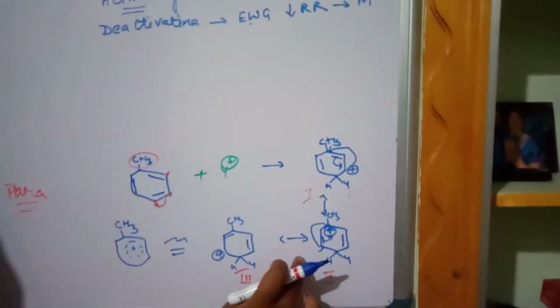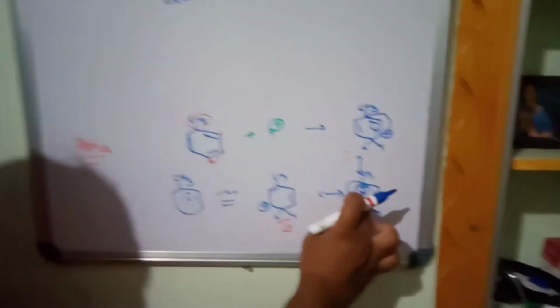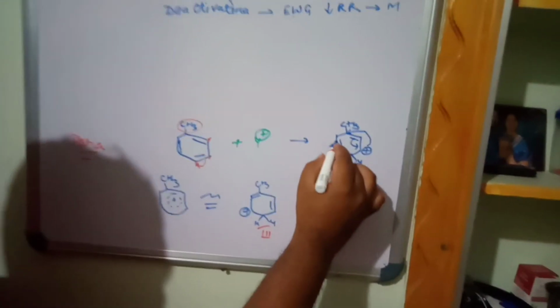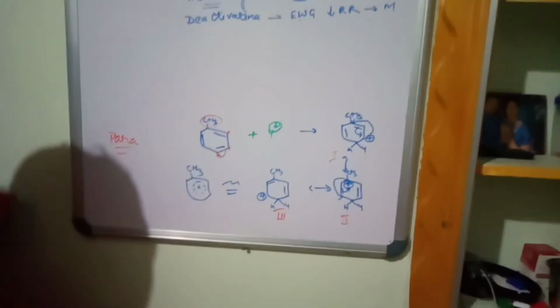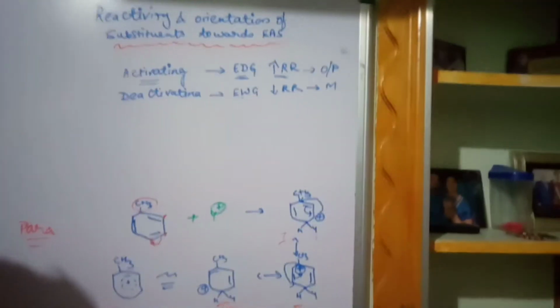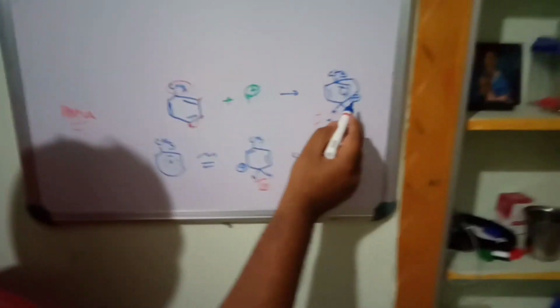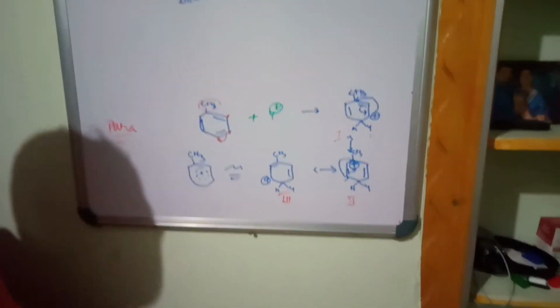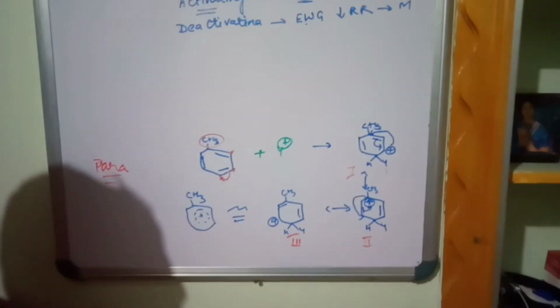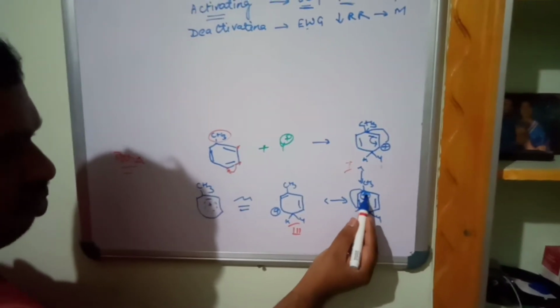Okay, so it is a very simple way: wherever it is moving, the pi bonds will move either in the clockwise direction or anti-clockwise direction. In the same way, the charge will move either in the clockwise direction or anti-clockwise direction. Very simple. The pi bond will move towards the charge and the charge will come here.